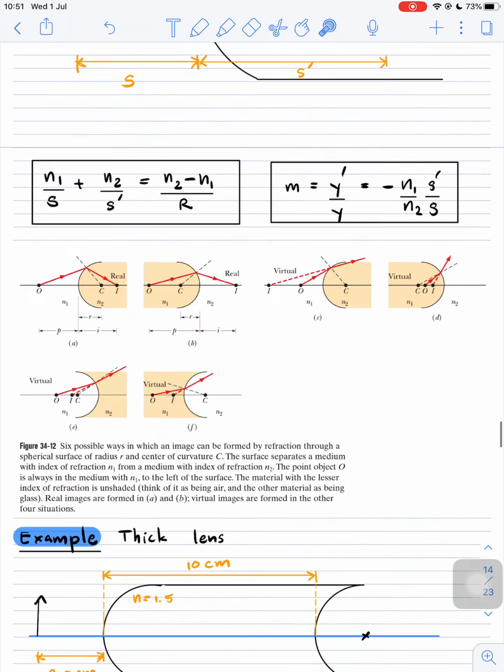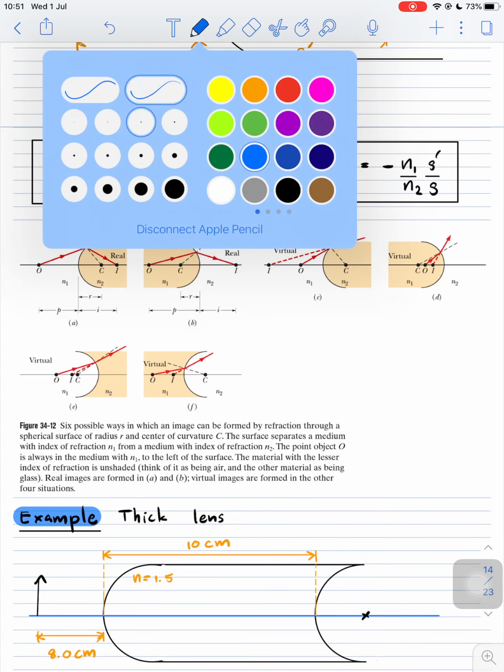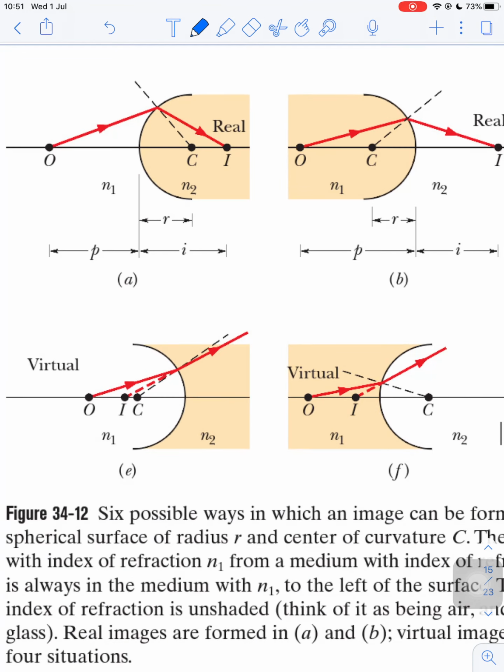So in this case, you can see that the object is on the left hand side of this interface, and the incident ray is just on the left hand side as well. So that's why this must be positive, okay? So let's just write down, in this case, the S must be positive.